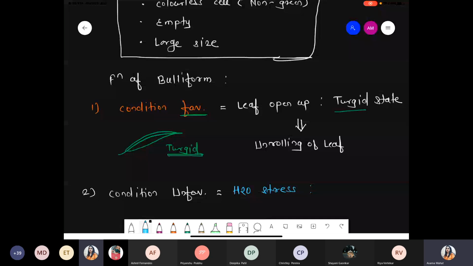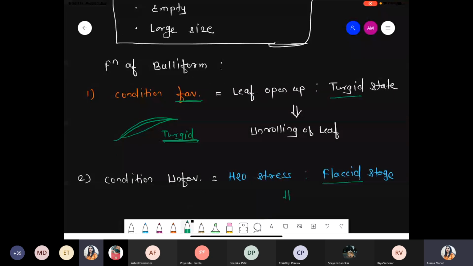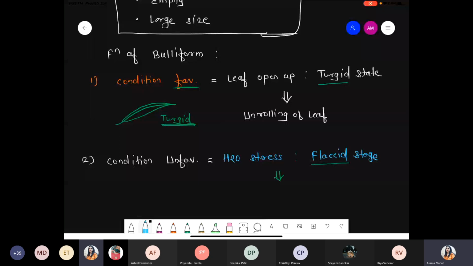That is flaccid. The leaf undergoes the flaccid state. Flaccid means they shrink. During the unfavorable condition, when there is water stress and cells are in a flaccid state, ultimately they show rolling of the leaf.